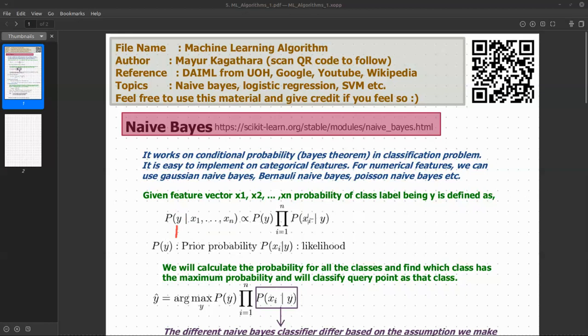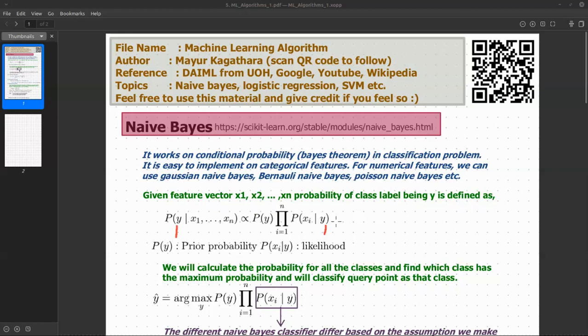So what's the probability of that person being, let's say, male, given he or she opts for insurance? Then I will take one more feature, x2: what's the probability that age is greater than 45, or age is 45, given that he opted for the insurance, right?